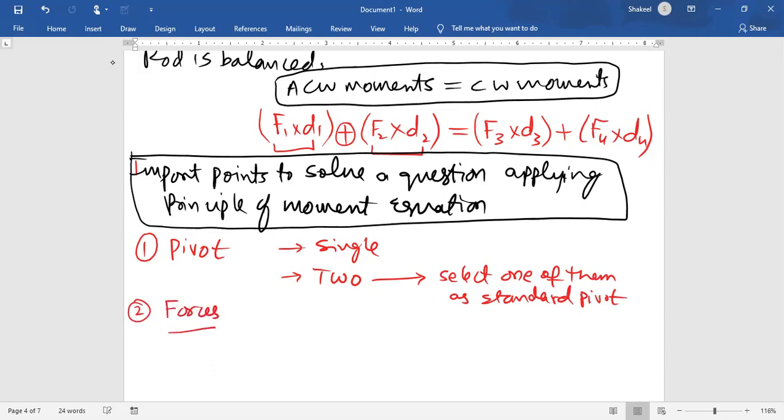forces. So some forces will be given in diagram. If it is given in diagram, that's really good. And some forces will be not given in diagram, but included in statement.